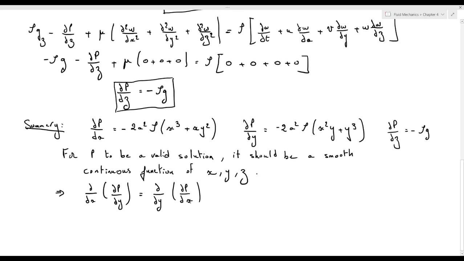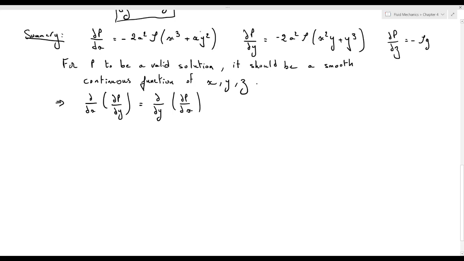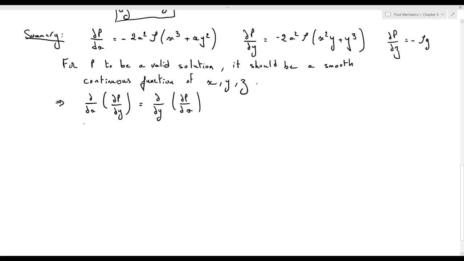So to determine whether p is a smooth continuous function, the two mixed derivatives should be equal. It's not necessary to check on the z, so not necessary to check on del over del x of del p over del z if it is equal to del over del z of del p over del x, because it's obvious the mixed derivative with respect to z is equal to 0. So we need only to check on x and y.